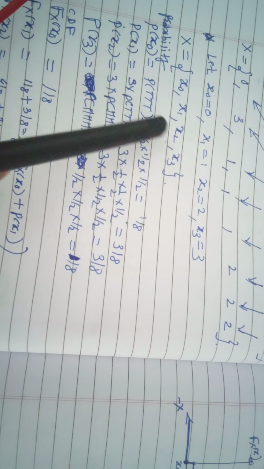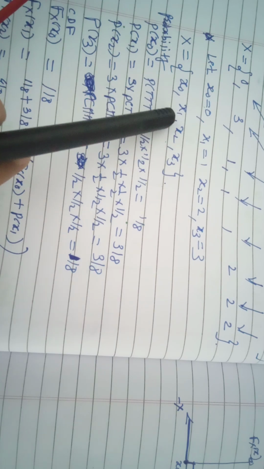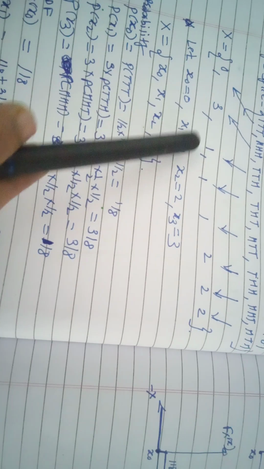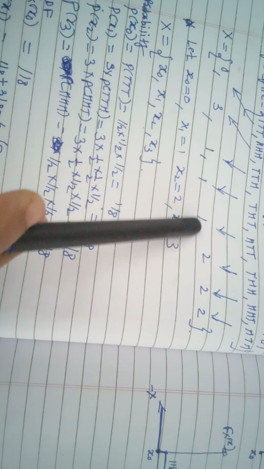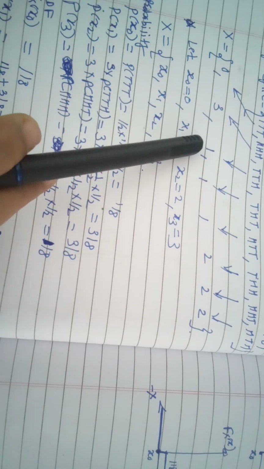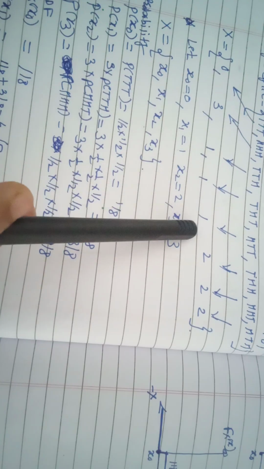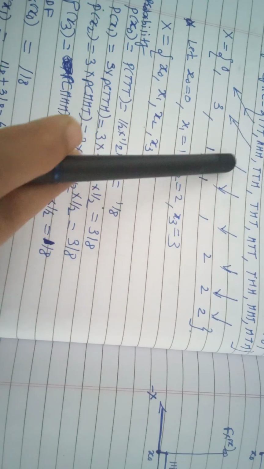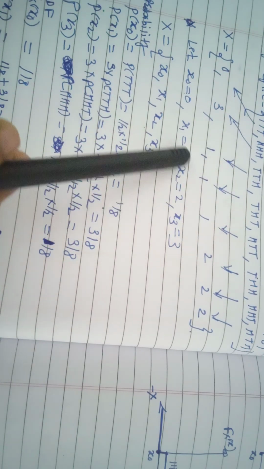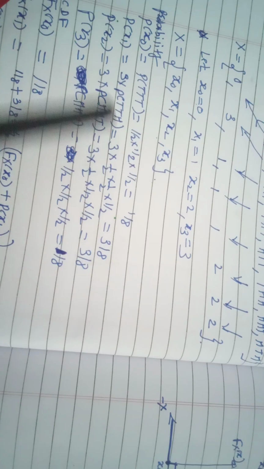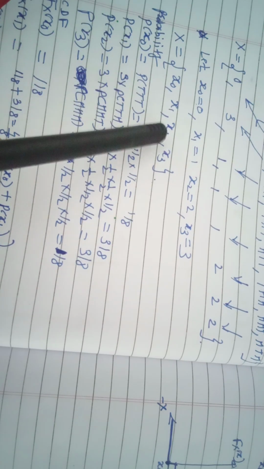Now the probability of x1 means the probability of getting one head. There are three positions where one head can appear, and each outcome has probability 1 by 8, so 3 multiplied by 1 by 8 is the probability of x1.